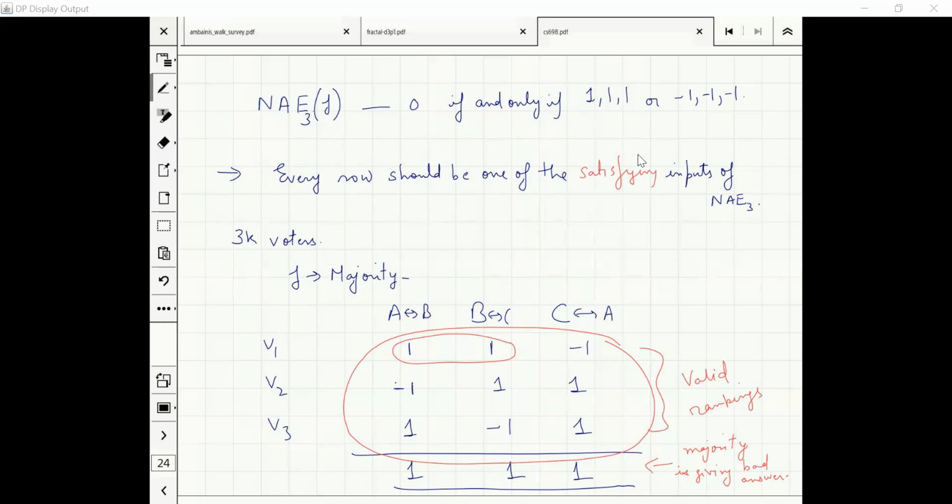My question was in regard to increasing the number of candidates. If we have 4 candidates, then that's a complicated question. There will be 4C2 combinations, and then we have to look at NAE 4C2. But the point is that the kind of thing we are proving, if it works for 3 candidates, then it will definitely work for 4 candidates. If you don't have a Condorcet winner for 3 candidates, you cannot have a Condorcet winner for 4 candidates.